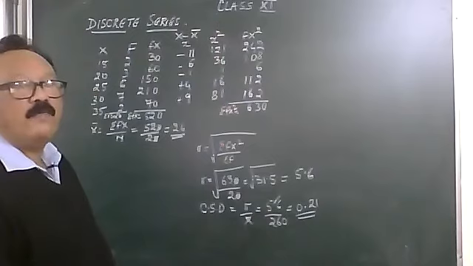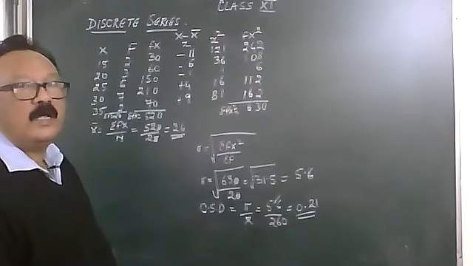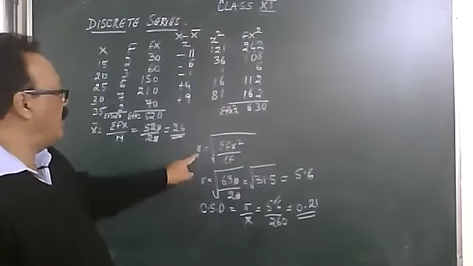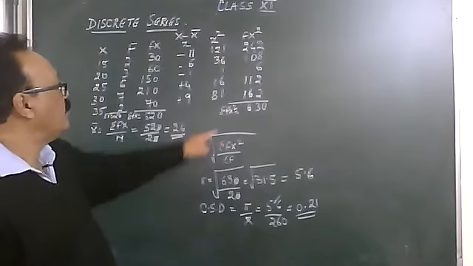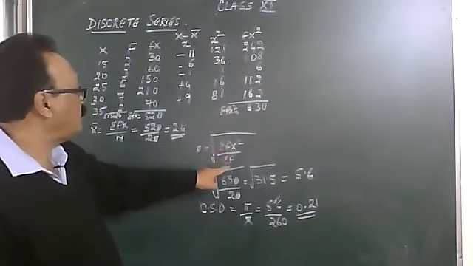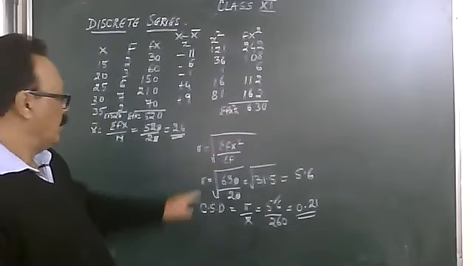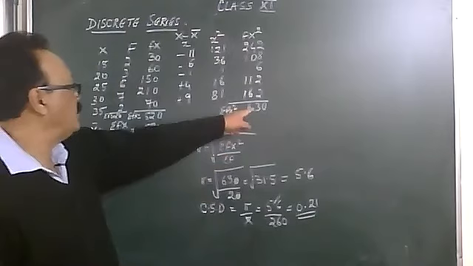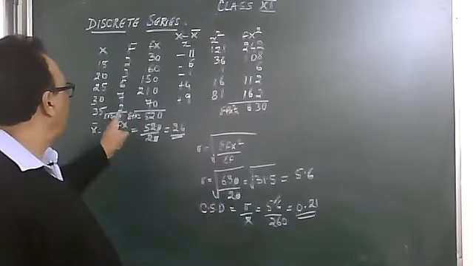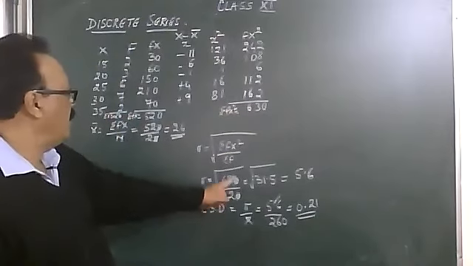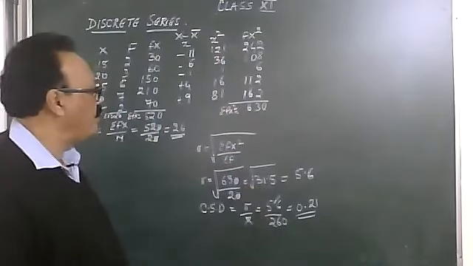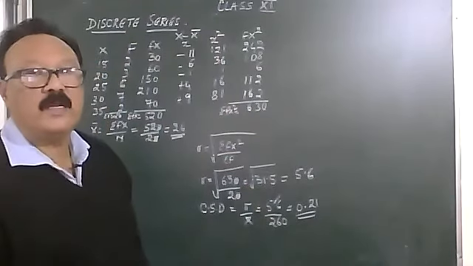Use the formula for standard deviation in the actual mean method. Standard deviation is equal to the square root of sigma fx squared upon sigma f. That is 630 upon 20, which is 31.5. In the rough column, find the square root.